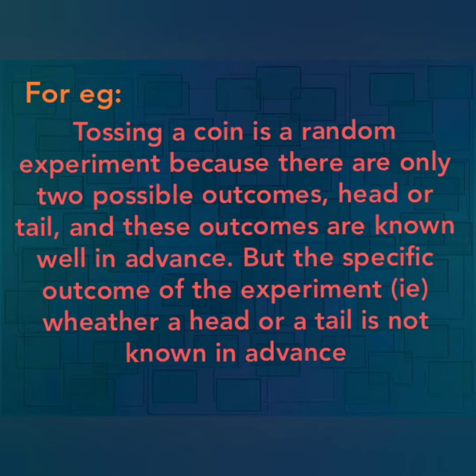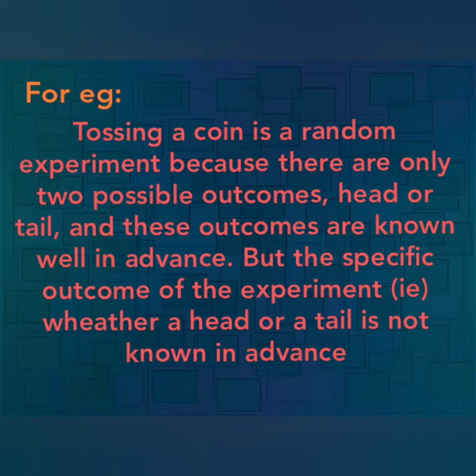For example, tossing a coin is a random experiment because there are only two possible outcomes, head or tail, and these outcomes are known well in advance, but the specific outcome of the experiment, that is whether a head or a tail, is not known in advance.